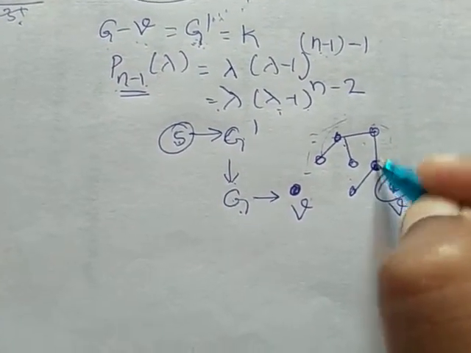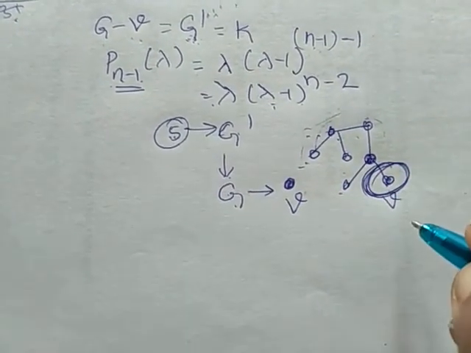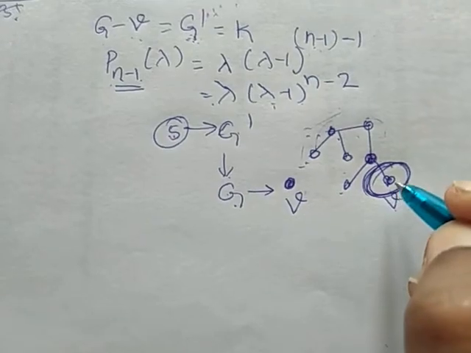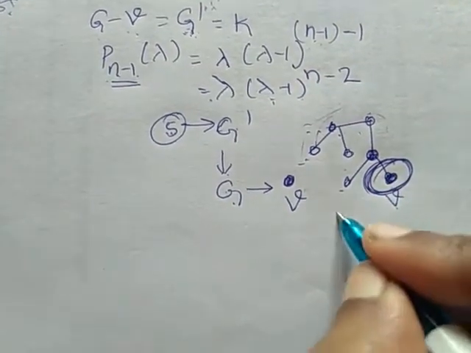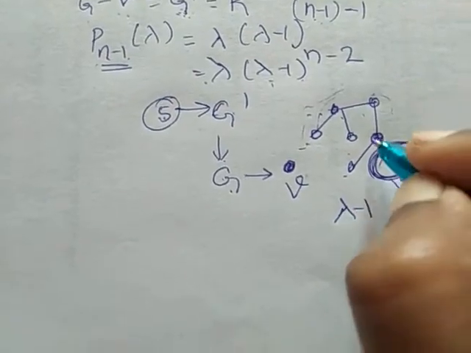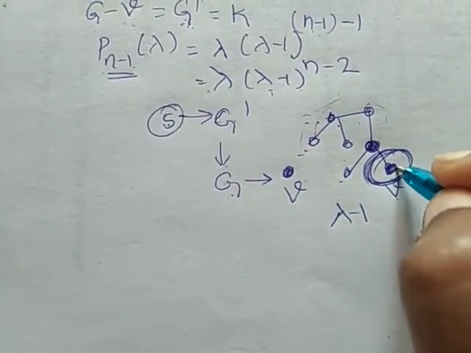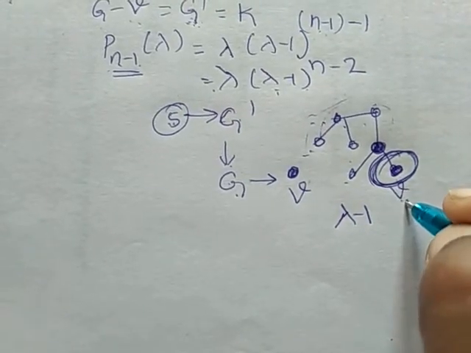So I can color this vertex in lambda minus 1 ways. I am having lambda number of colors. If I choose one color, the remaining colors are there. So I can choose any of them for this vertex V.